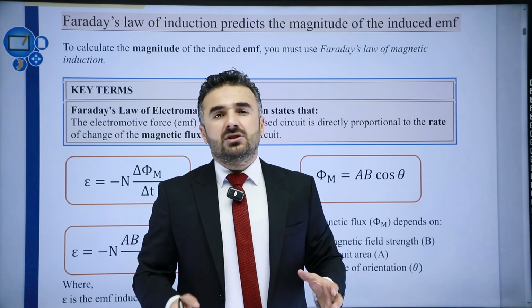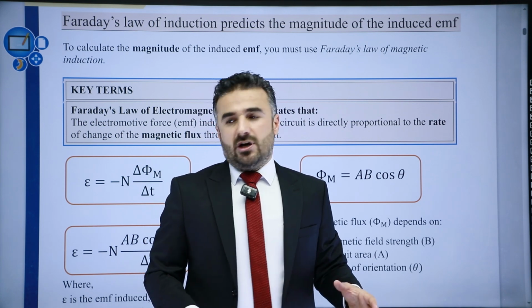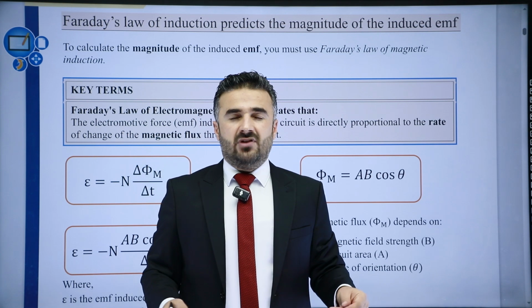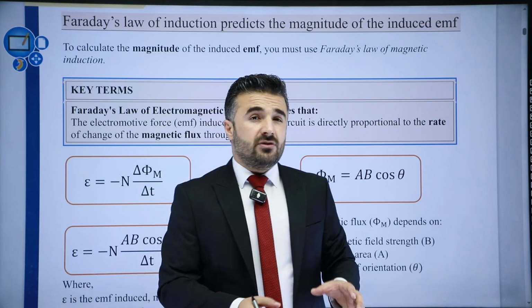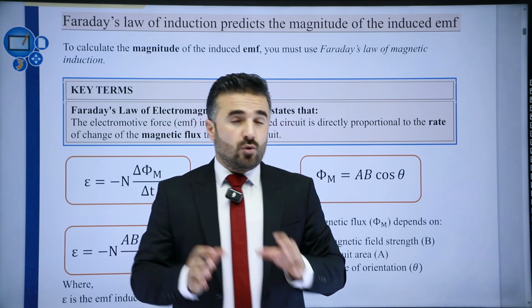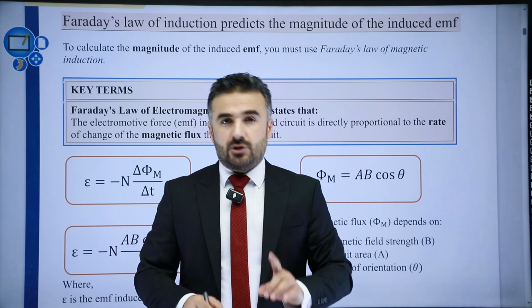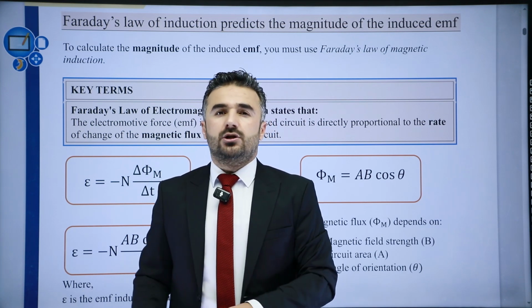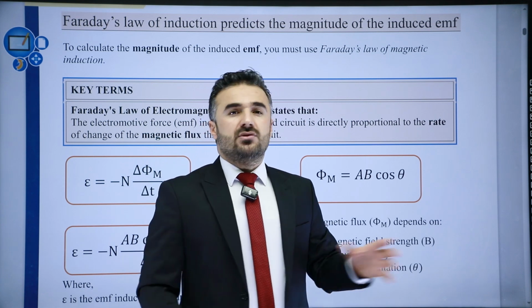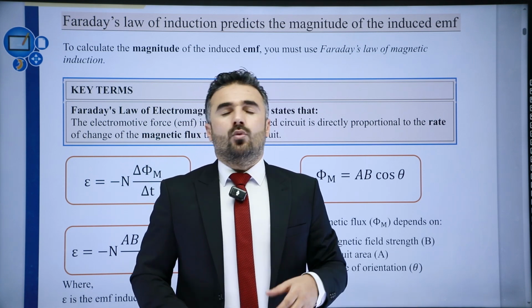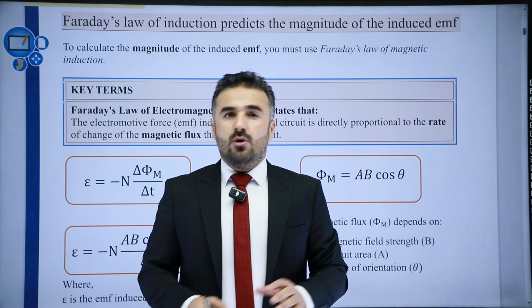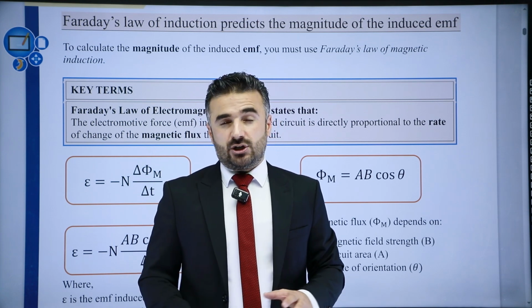We haven't talked about this much, because we were just talking about the direction of the current. In order to find the magnitude, not the direction, of the electromotive force that is induced using electromagnetic induction, we're going to use Faraday's law of electromagnetic induction.